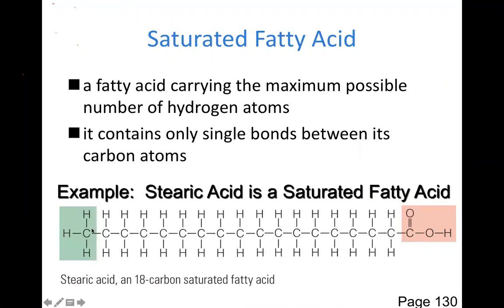And it means that all the spaces for bonds are totally full, especially between the carbons. So between the carbons, you're only going to see single bonds in saturated fatty acids. So only single lines between the carbons. And you'll have 2 hydrogens or more on each carbon. The carbons are saturated, meaning they're full of hydrogen.